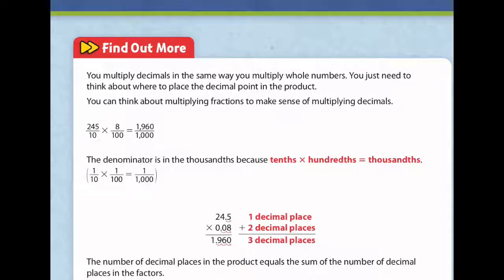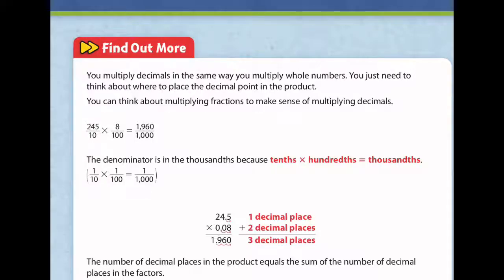So follow along here. It says you multiply decimals in the same way you multiply whole numbers. You just need to think about where to place the decimal point in the product. So it says you can think about multiplying fractions to make sense of multiplying decimals. And let's talk about this for a second, because they're trying to show you where to place a decimal point.